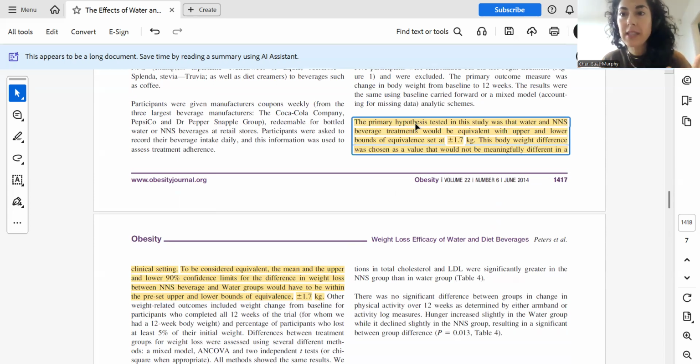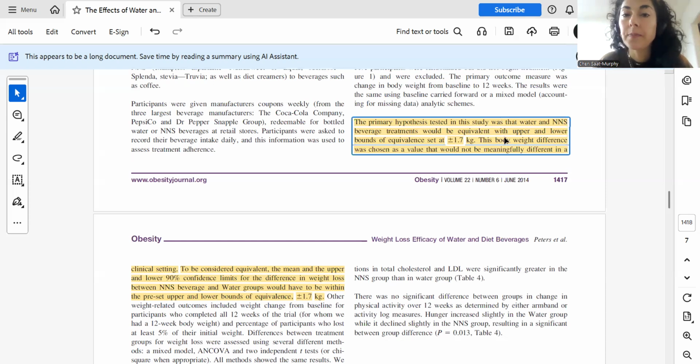The initial hypothesis of the study was that the water and the non-nutritive sweeteners would have very similar, or non-significantly different, results. So the hypothesis of the authors was, it doesn't matter if we give them water or non-nutritive sweeteners, the effect is going to be similar on weight loss.